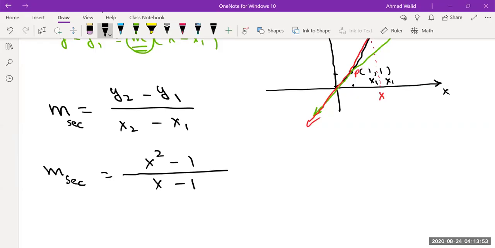Now, you see that here at this point, if I plug in the value of x in my slope, it gives me 1 squared minus 1 over 1 minus 1, correct? 1 minus 1 in the denominator becomes 0, and any number over 0 is undefined. Then I cannot plug in the value of x, correct?